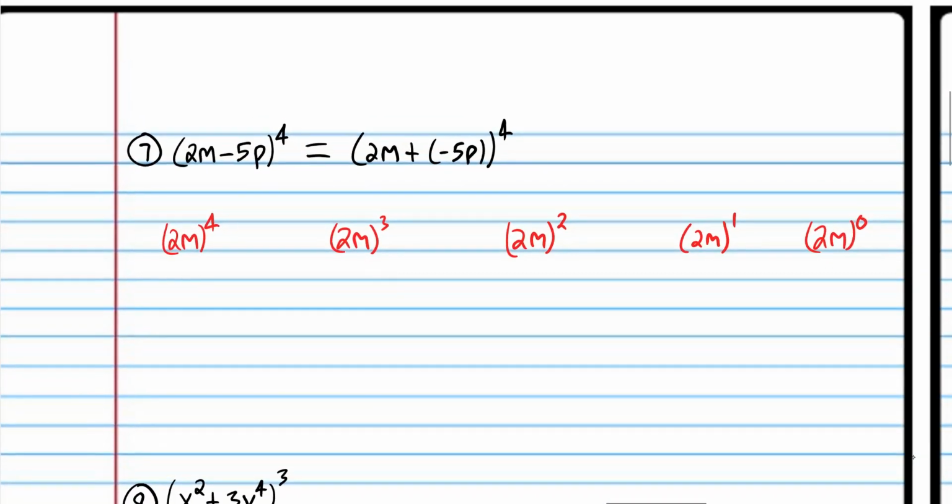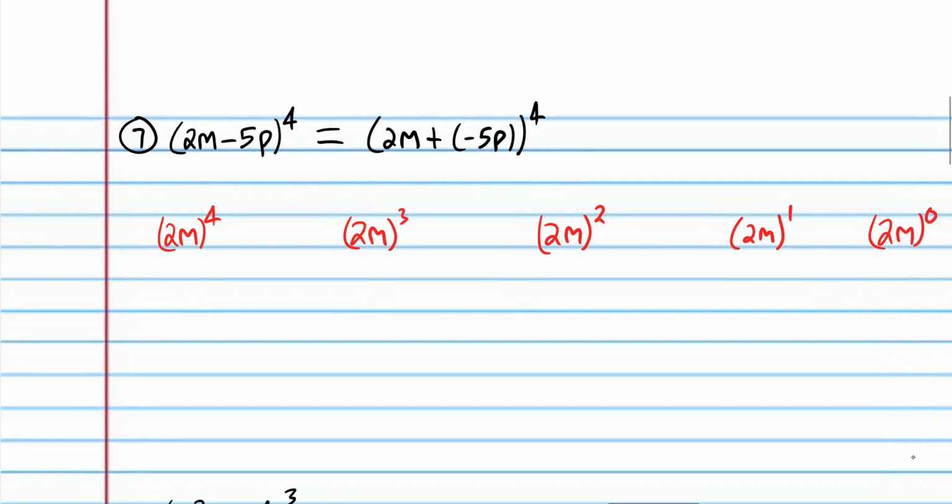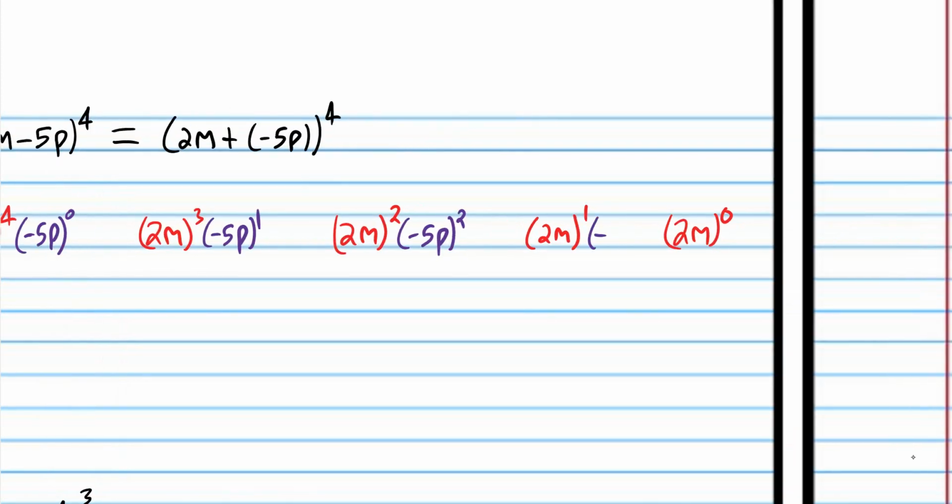Now we're going to deal with negative 5p. So we have negative 5p to the 0 power, negative 5p to the 1st power, negative 5p to the 2nd power, negative 5p to the 3rd power.